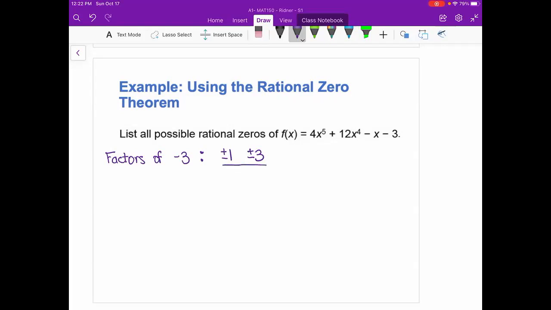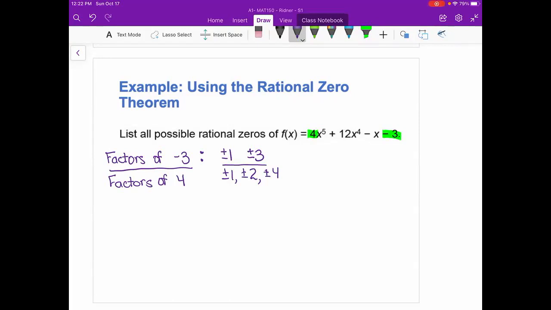Then I'm going to divide that by all the factors of 4. So all the things that divide 4 are 1, 2, and 4. So I used -3 for the top and 4 for the bottom. And then I divide all of those numbers out.